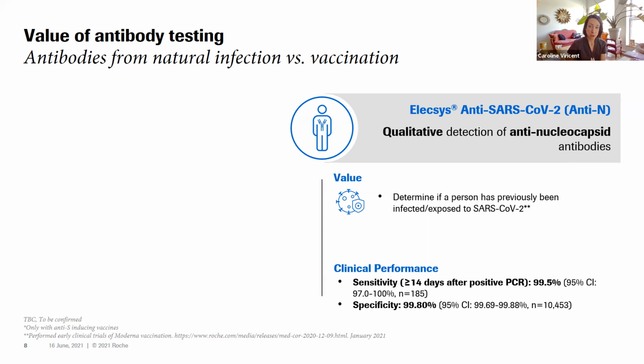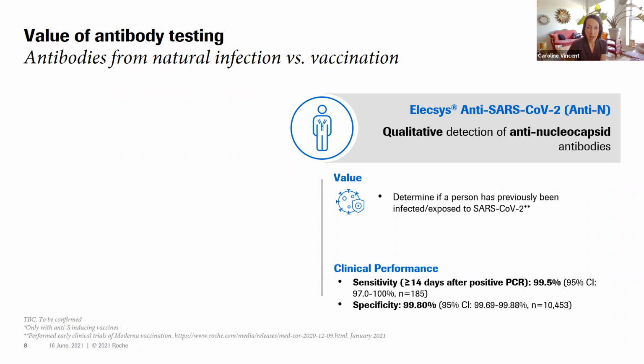It could also be used to detect a natural infection that would occur after someone has been vaccinated, as long as the vaccine that's been used targets only the spike protein, which is the case with the vaccines that are currently available in Canada.